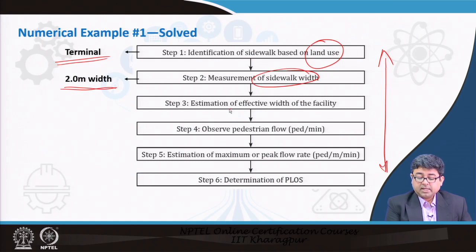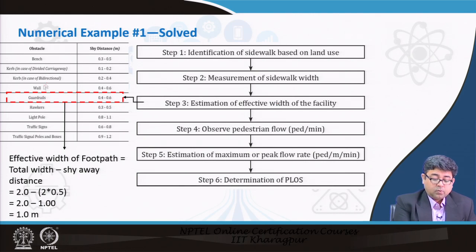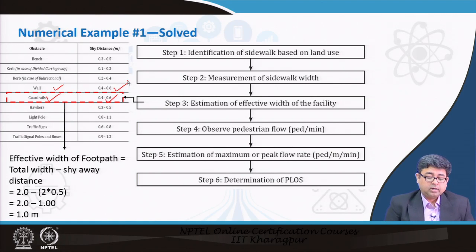The next step is to determine the effective width, and if you may remember, effective width is given by all the obstacles it has on both sides. Here it has a guardrail on one side and a wall on the other side, so a shy distance of 0.4 to 0.6 meter in both cases.